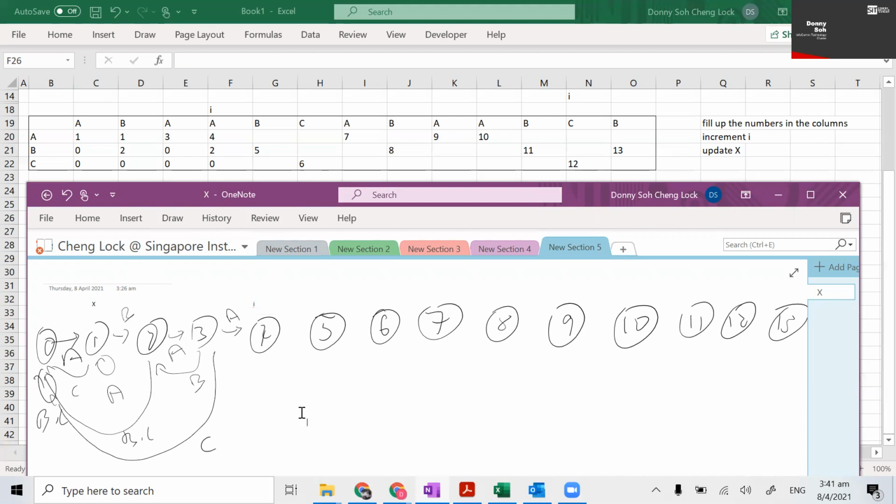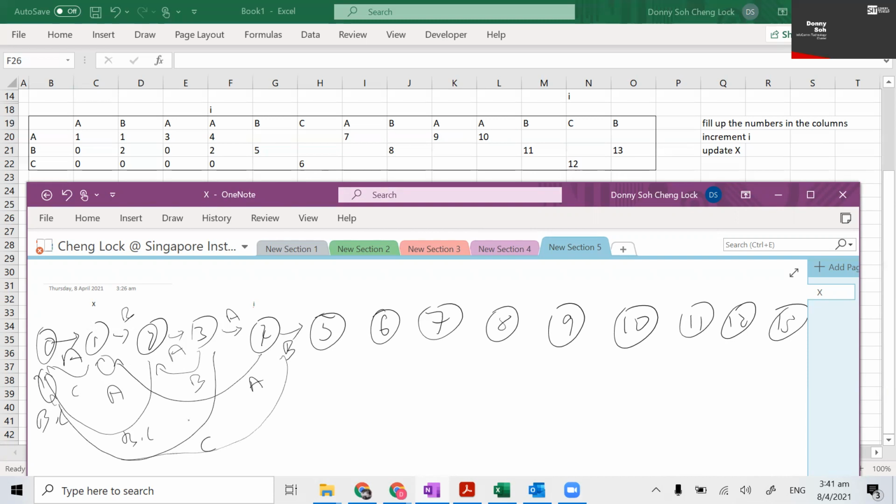Next step, 4 to 5. This is a B. Okay. And let's look at X is at state 1. If I see an A, it will be at state 1. So this will be A. If I see a C, it will go to state 0.